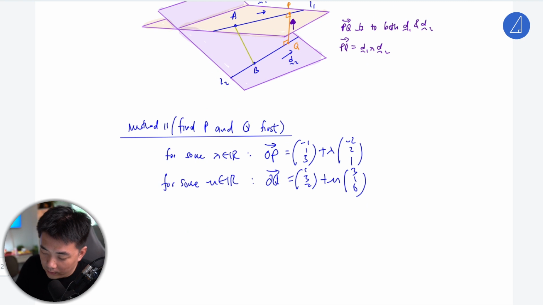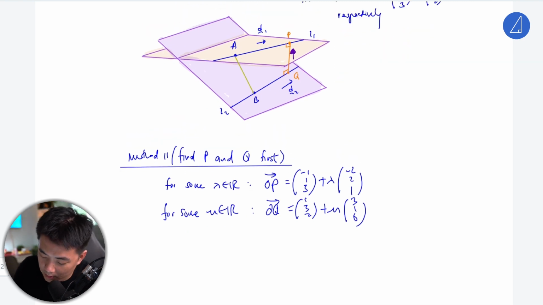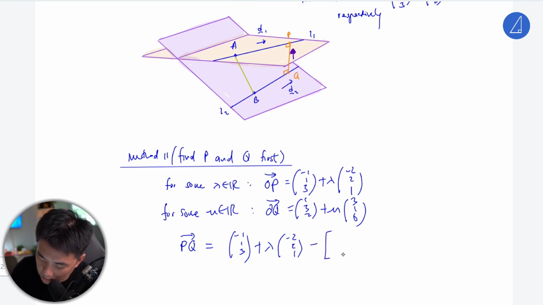Now for this case, I don't think we need to use cross product. We just need to find PQ. So PQ will just take this minus this. This is minus 1, minus 3 plus lambda minus 2, 2, 1, minus of the whole thing. Oh, sorry, I should have used Q minus P, but it doesn't matter.